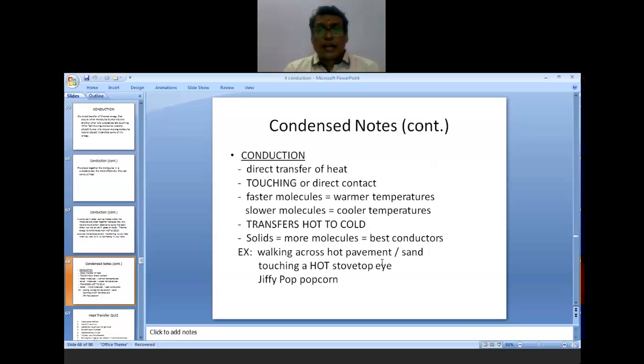When touching or in direct contact, the faster molecules at the warmer temperature, as the temperature is higher, have higher kinetic energy, so they will vibrate at a higher rate, and as a result the transfer will be higher.